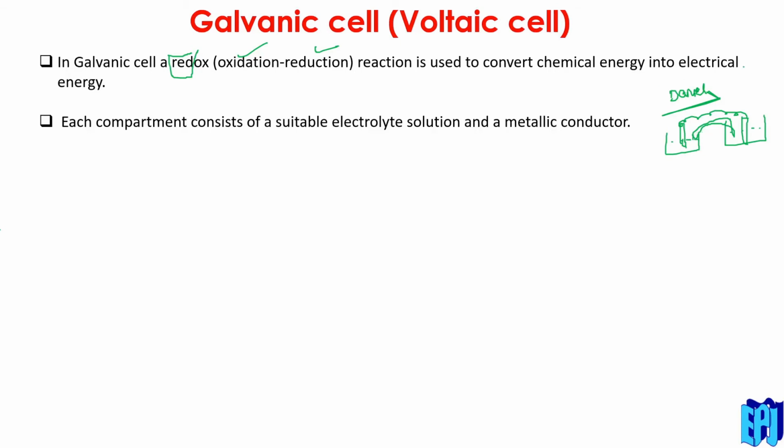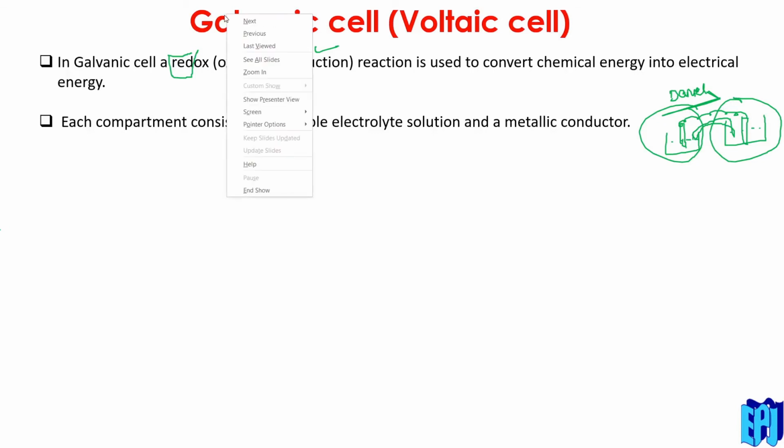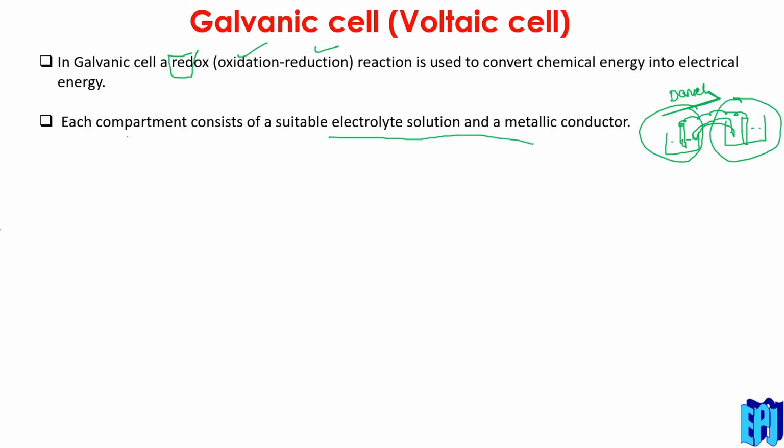So what are the components? There are two components. This is one component and this is another component or compartment. Each compartment consists of a suitable electrolyte solution and a metallic conductor.